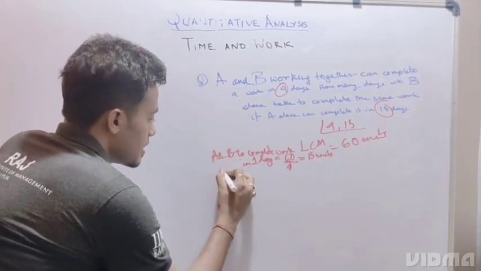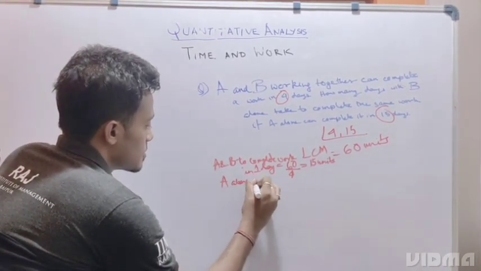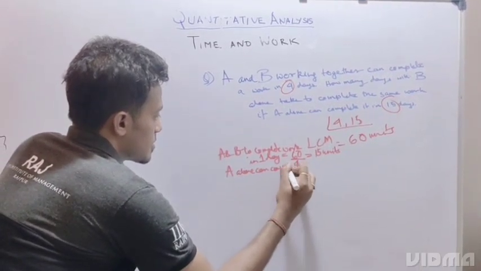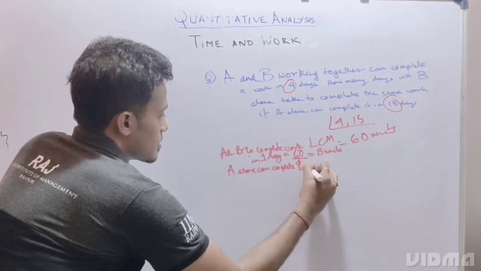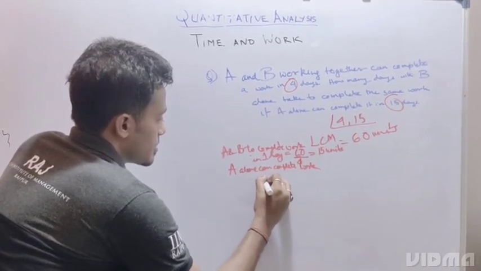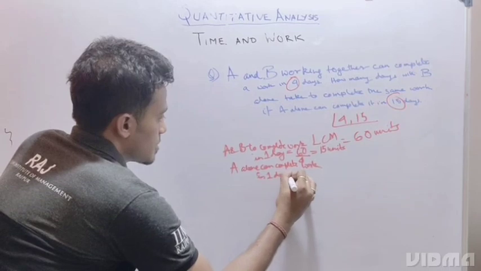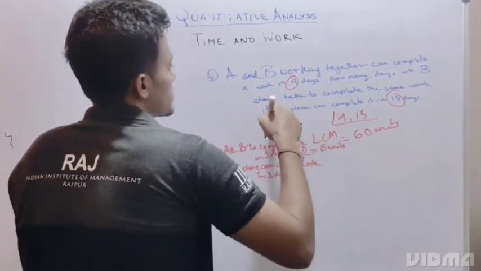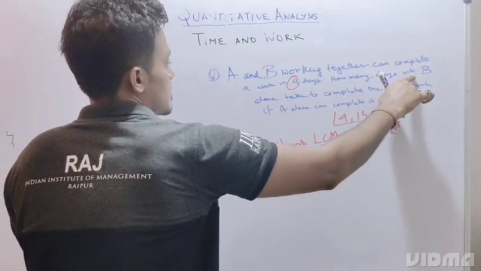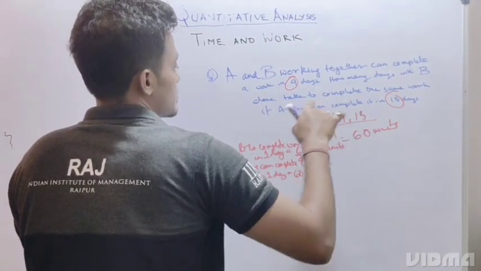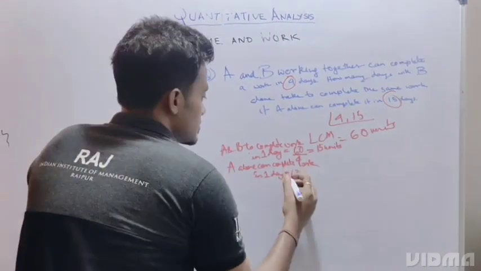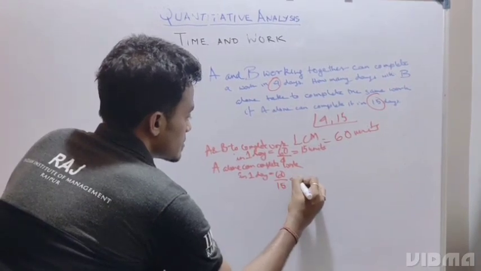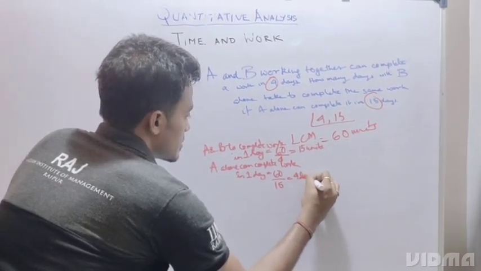While A alone can complete the work in one day is equal to 60 by 15, that is equal to 4 units, right?